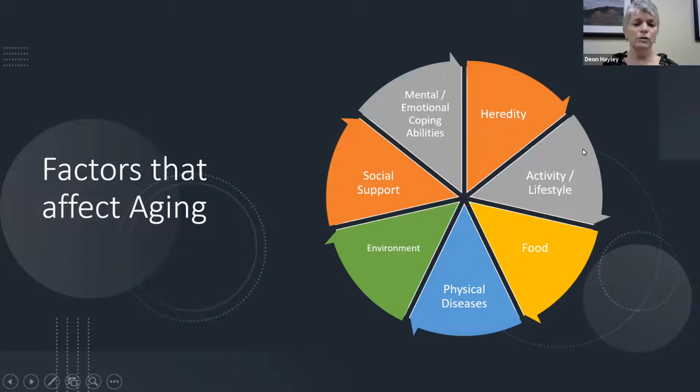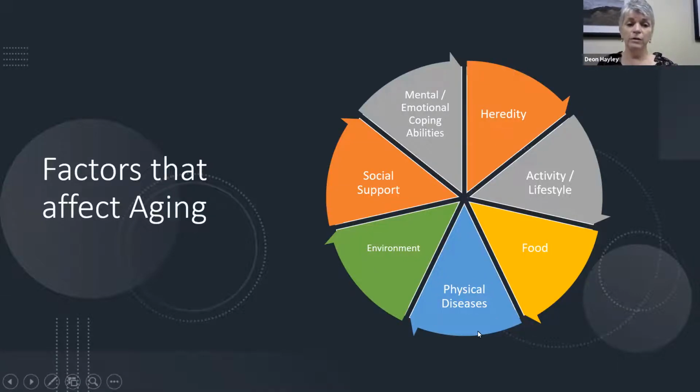And those things that you're exposed to in your life, like your environment, someone who grew up in a toxic environment, or somebody who grew up in the city versus living in the country. Those environmental things affect our aging. Your activity and your lifestyle affects your aging. Food most certainly does, as well as the social support and the things that have happened in your life to affect your mental health and so forth.